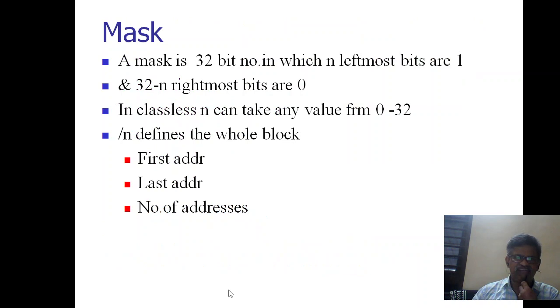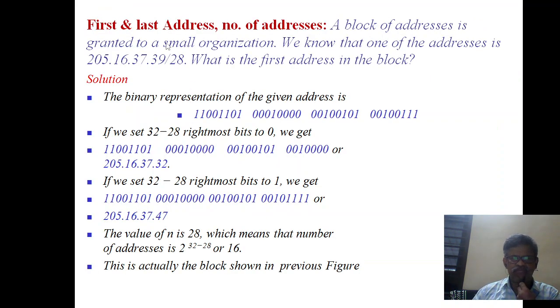However, we know the mask, which is 28. So the first 28 bits you put 1, and the remaining you put 0, and you will get the mask. This is the binary representation of 205, 16, 37, and 39.